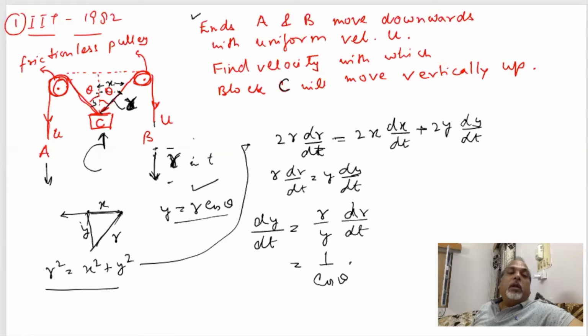I told you, this goes r distance in time t. This is the velocity basically u. So basically the vertical speed with which block C will go up will be nothing but u upon cos theta.